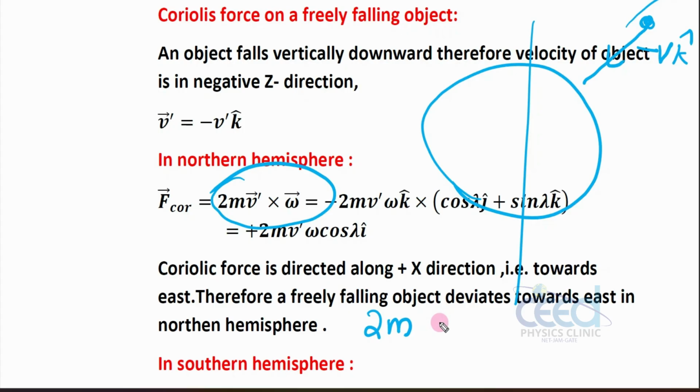So we write omega cos lambda; omega we can take out. In the northern hemisphere, it is omega times (cos lambda j cap plus sin lambda k cap), cross, and here one negative you put, then only you can put this negative. See, we studied Coriolis forces.